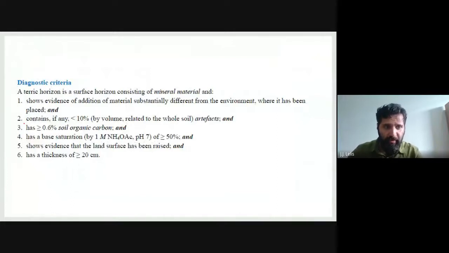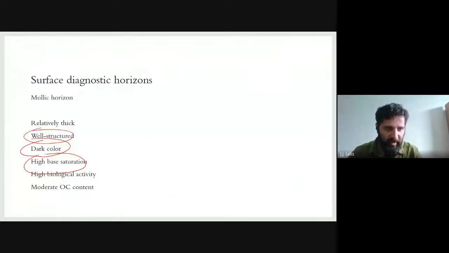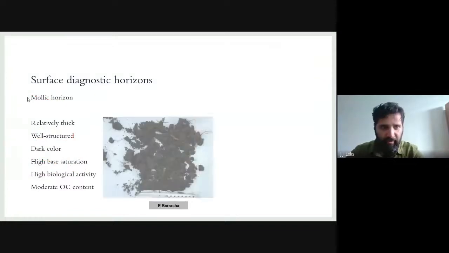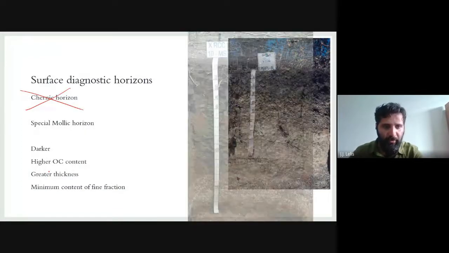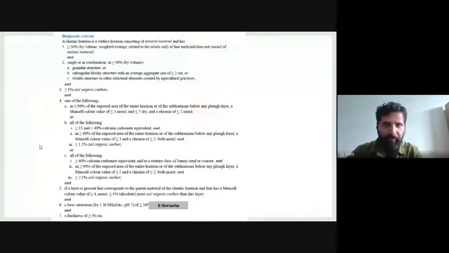A mollic horizon should present a strong grade, and we have strong grades. It should present a dark color, we have dark color, but it should present a high base saturation, and we don't have a high base saturation. So it's not a mollic horizon, and it's not a chernic horizon too, because it also should present a high base saturation and a high content of calcium carbonate.